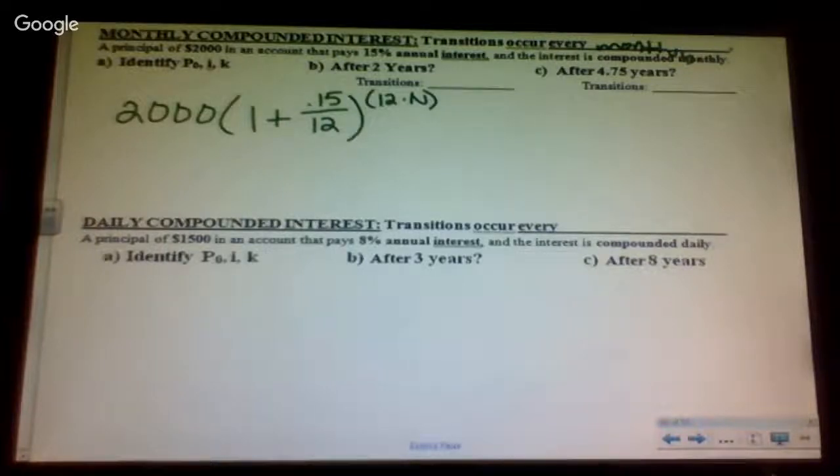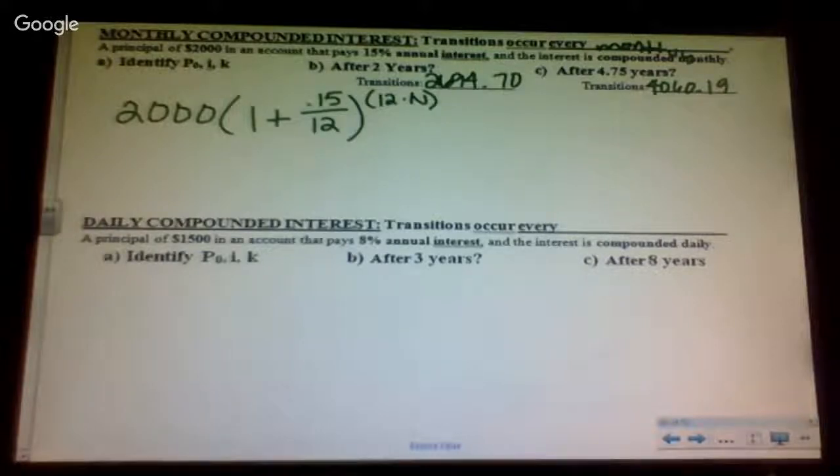After 2 years, what does this look like? How much money's in my account? $2,694.70. And after 4.75 years, we're looking at what? $4,060.19.